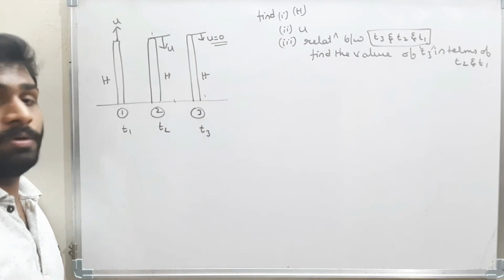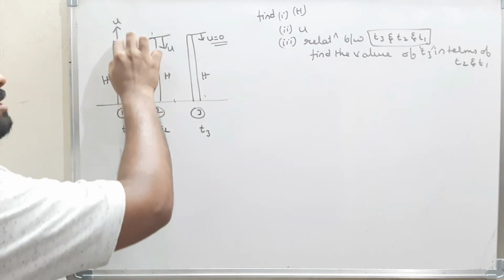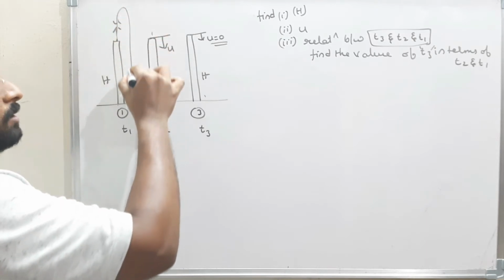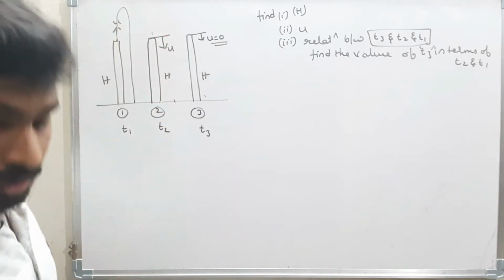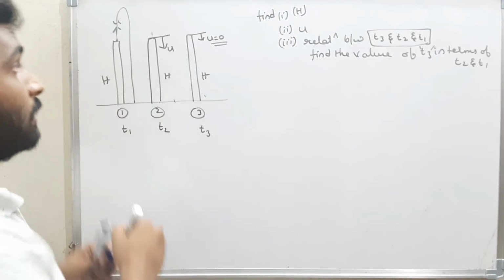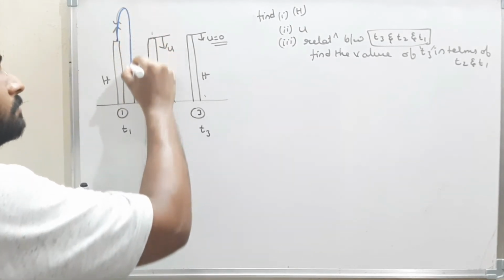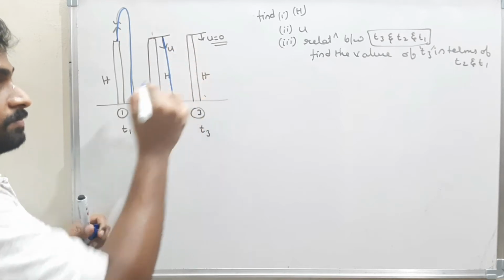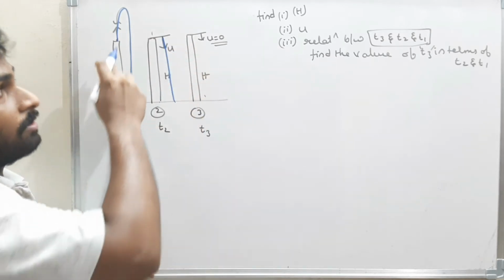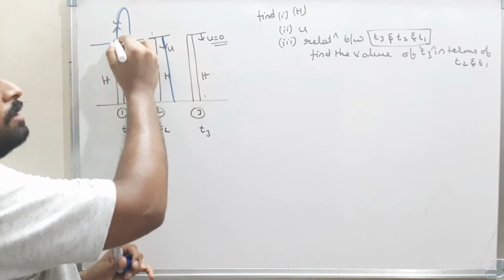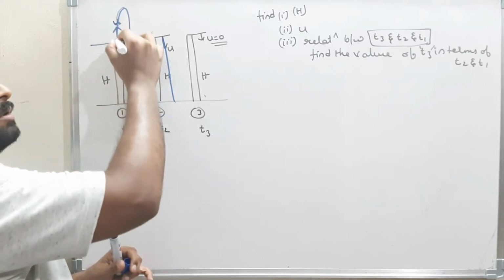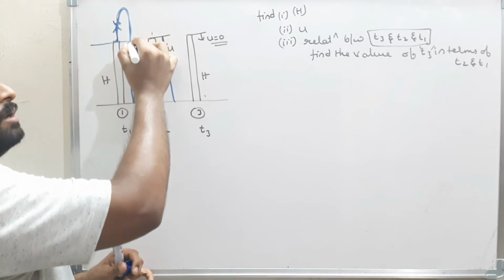Now see here. How can I solve this problem? Whenever the body is moving up, the body will move in this path. And this body, the path will be like this. Now whenever the body is projected upward with a velocity u, that means whenever the body is crossing the same line, here what is the velocity?